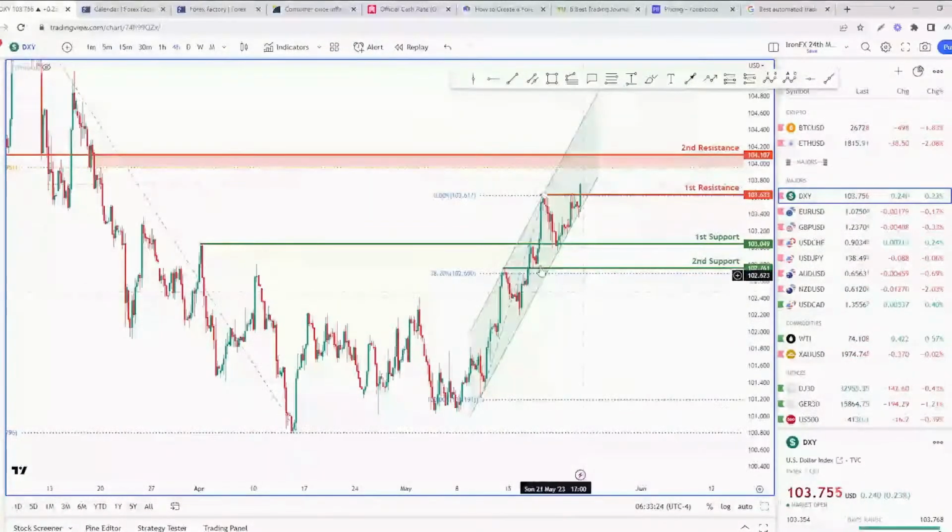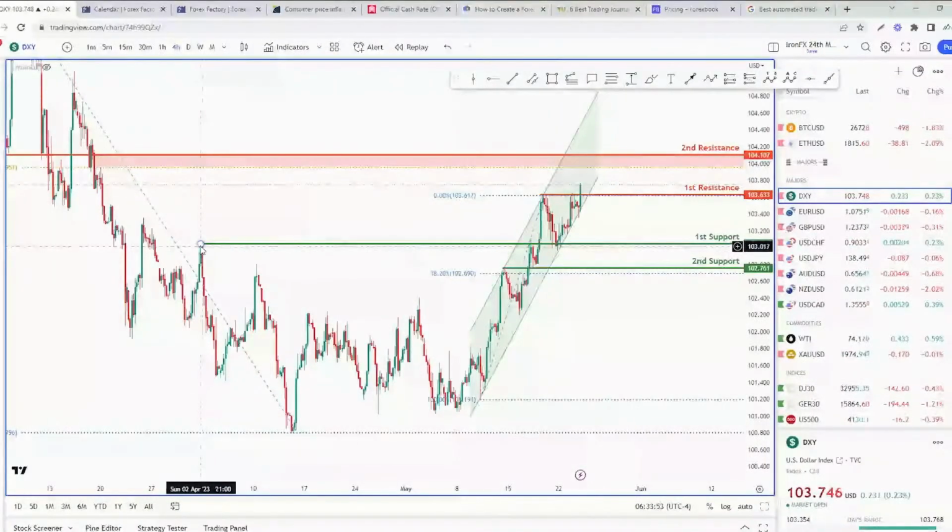So what we are trying to do here with horizontal overlaps is to find moments in time where price has reacted off a particular level pretty obviously, whether it served as a resistance or a support. It's very important to identify such levels. As you can see, this level of 103 had served as a resistance in the past back in April of 2023, later served as a resistance level again on 17 May.